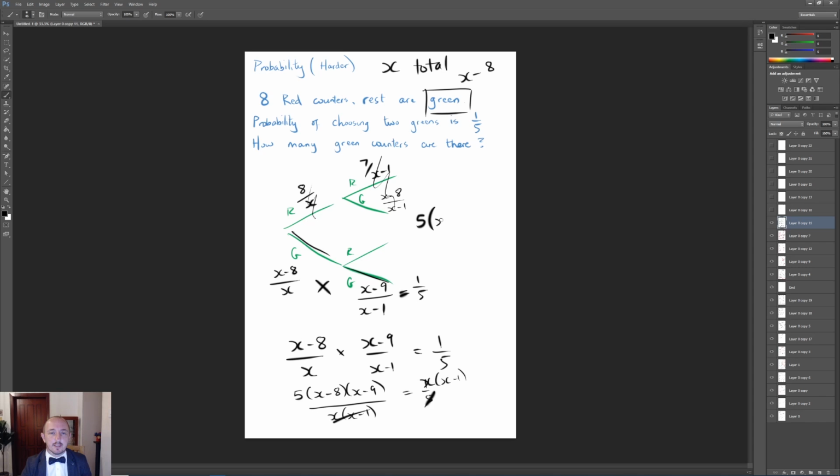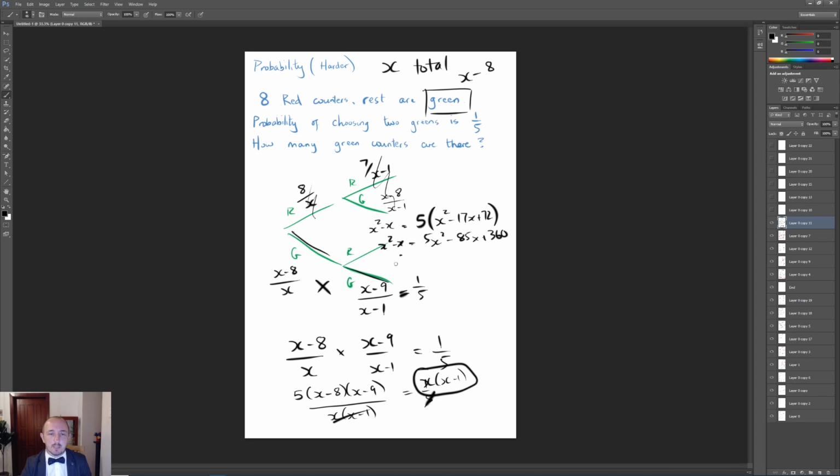We would have x squared minus 9x minus 8x is minus 17x, and then 8 times 9 is plus 72, and that's going to be equal to x squared minus x when I multiply out this bit. 5x squared, 17 times 5 is 85, and 5 times 72 is 360, plus 360, and then that equals x squared minus x.